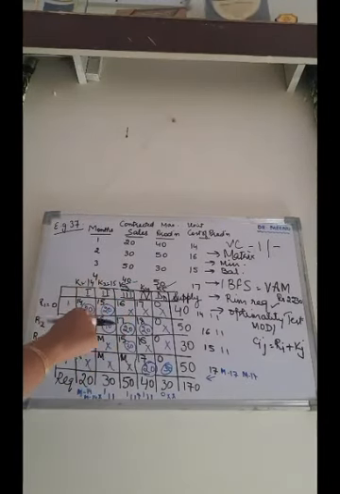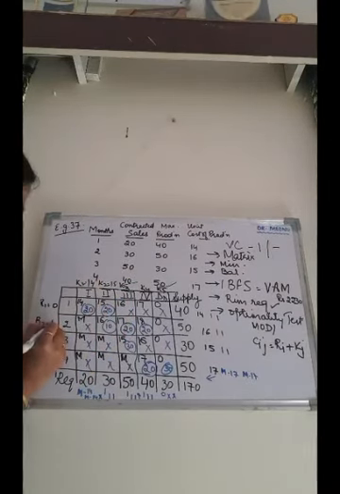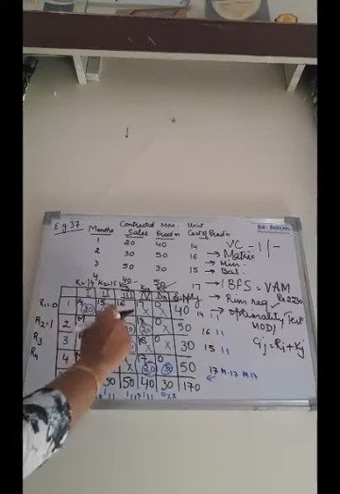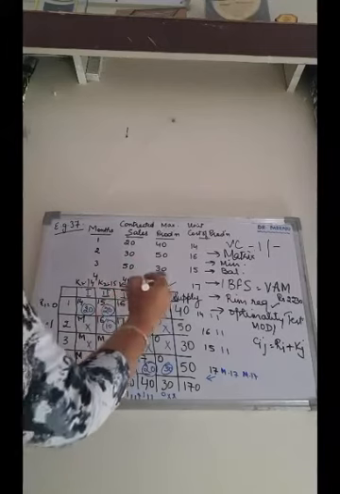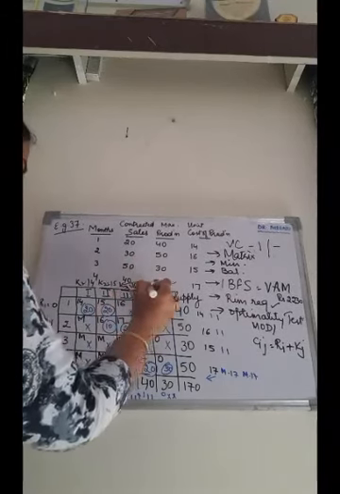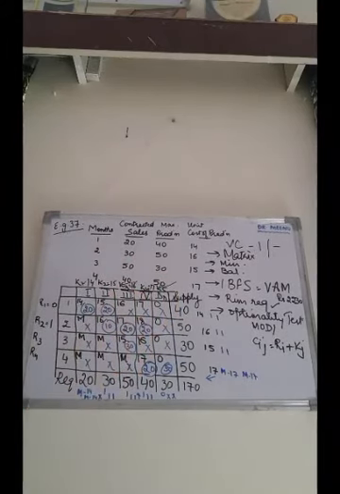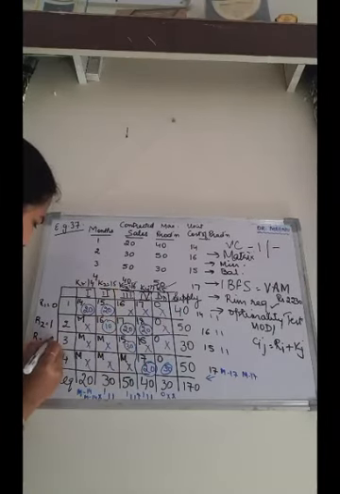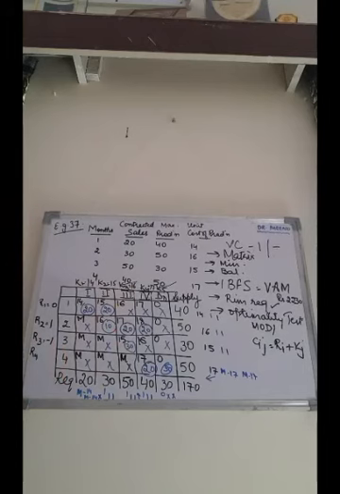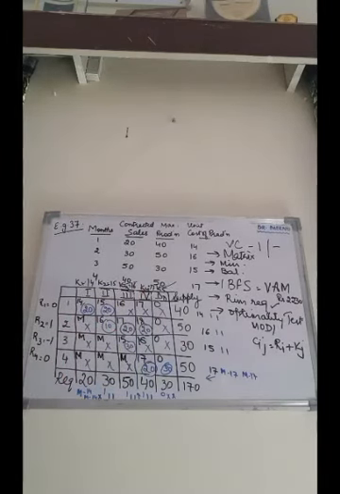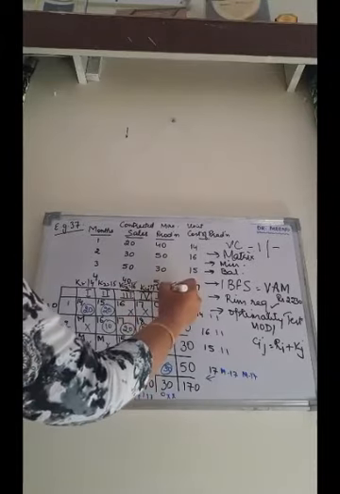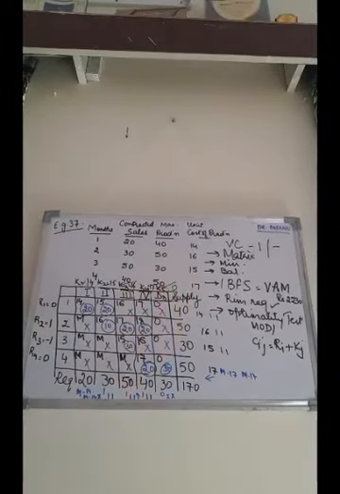Then from this K2 we can take the value for R2. 15 plus 1 is 16. From this K3 will be 16, 1 plus 16 is 17, K4 would be 17, 1 plus 17 would be 18. Then from this K3, R3 would be minus 1, and from this 17, R4 would be 0, and from this 0, K5 is also going to be equal to 0.